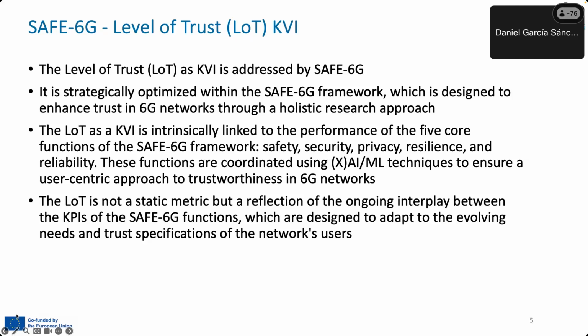So it's a relevant goal we will be tackling in the following months, defining the list of KPIs which are tightly bound to each one of the functions and the overall level of trust the Safe6G function can provide.